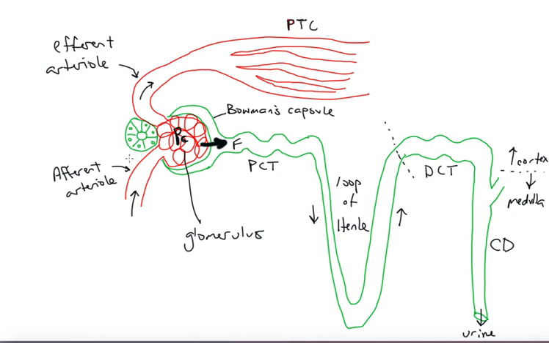Again, it's almost urine, but not quite. Right? And so that is part of, again, beginning of the DCT or end of the ascending loop of Henle. I like to say end of the ascending loop of Henle. I think that's more accurate. But that has a name, which is the macula densa.